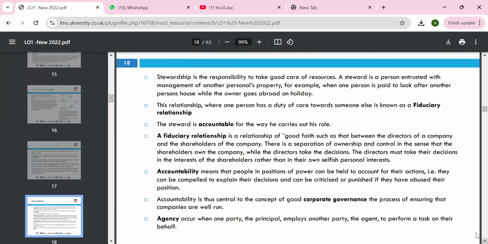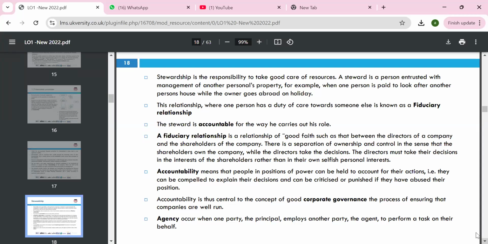The steward is accountable for the way they carry out the role. A fiduciary is a relationship of good faith, such as that between the director of the company and the shareholders. There is a separation of ownership and control of the company, and the director takes the decisions. The director must take decisions in the interest of the shareholders and not only their own interest.